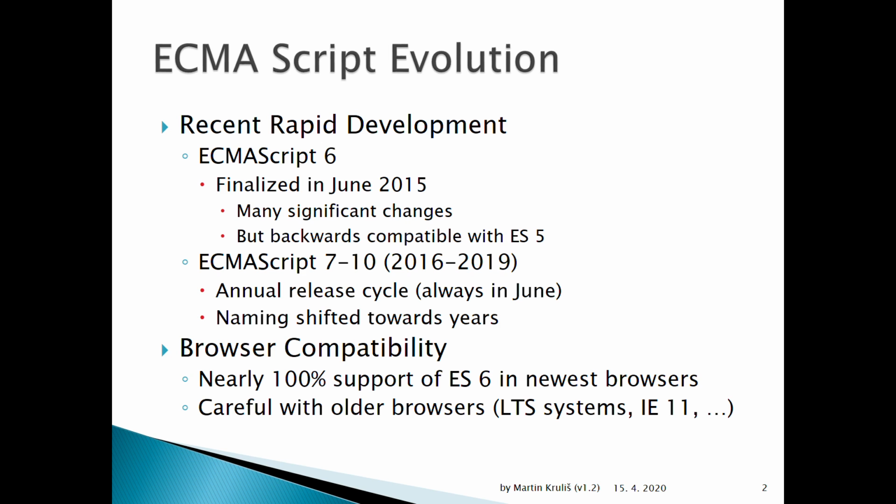So now we are awaiting the 11th version. Since 2015, it has become a habit to announce new versions of ECMAScript by their year, not by their version number. So now we are talking about ECMAScript 2019 and the upcoming 2020.